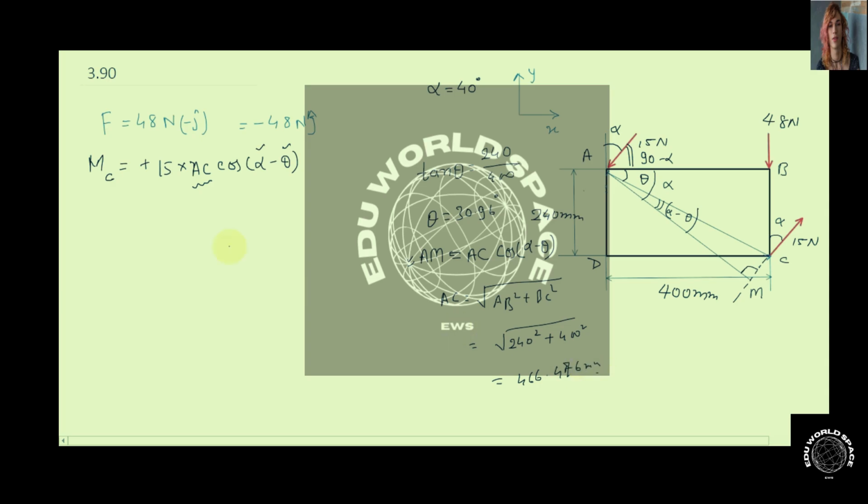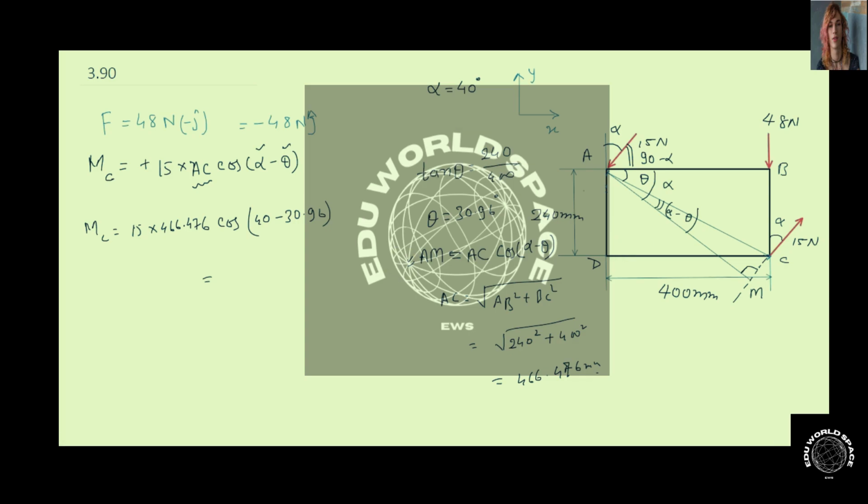Now AC is known, so we can put it here. So the moment about point C comes out to be 15 multiplied by 466.476 cos of alpha, that is 40, minus theta, that is 30.96.